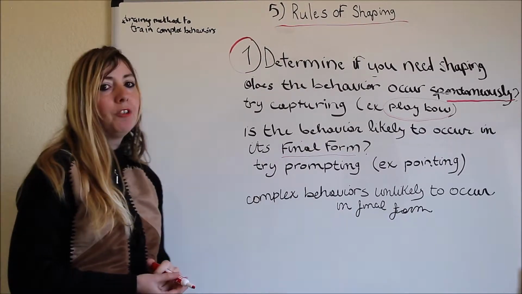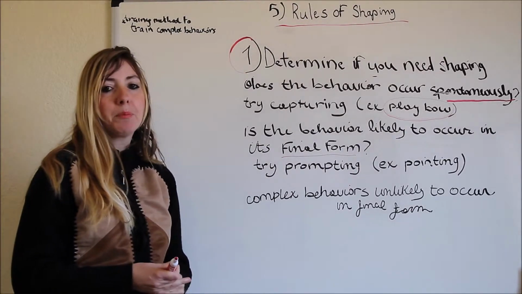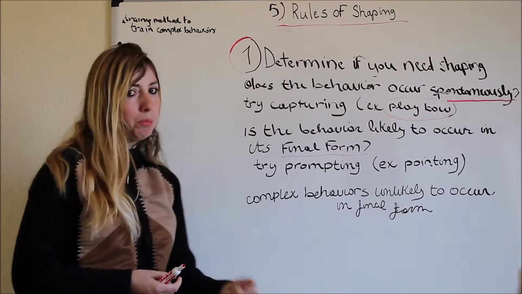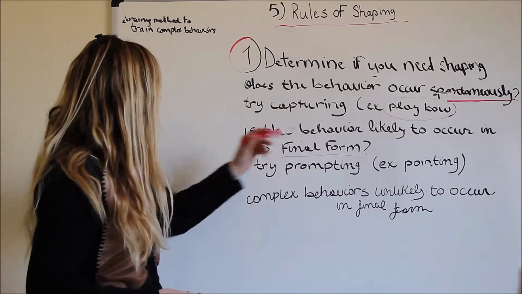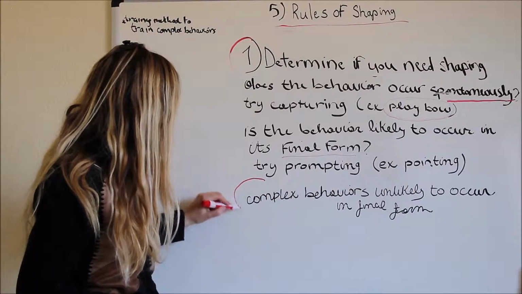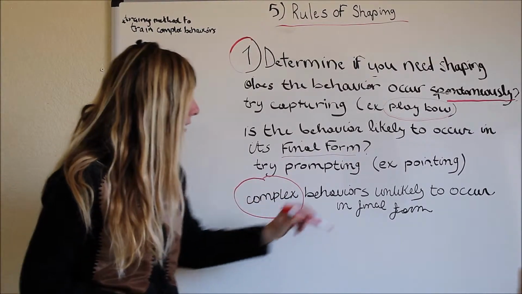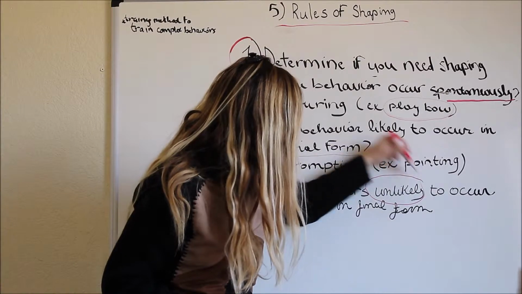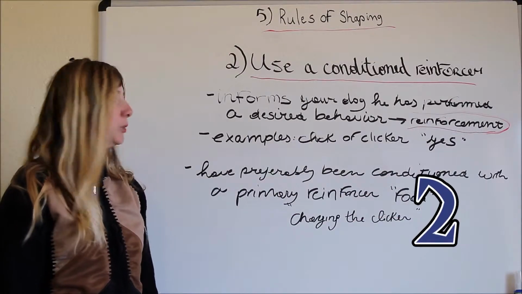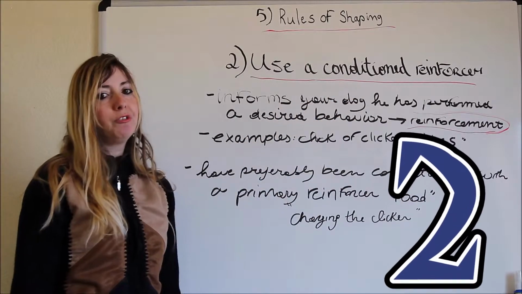For example, if you want to train your dog to pick up something from the floor, you might get that behavior easily by just pointing. So the rule is use shaping if you're trying to train complex behaviors that are unlikely to occur in their final form.